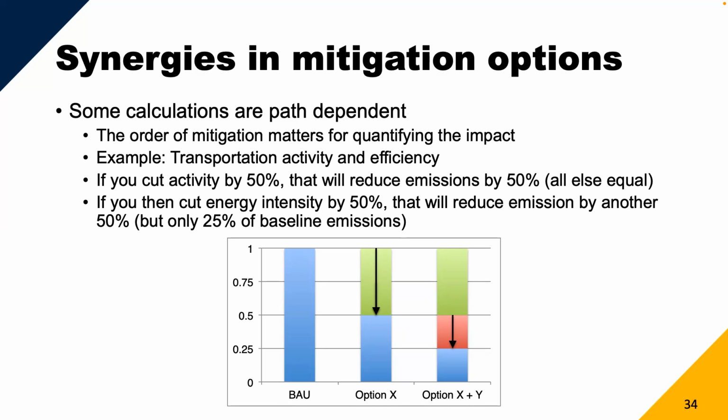So note that if the way that we calculate is you cut activity by 50% and that reduces emissions by 50%, but then if you cut energy intensity by 50%, it only reduces based off of that new baseline. So compared to the original, a 50% cut in energy intensity only decreases 25% of the baseline emissions.